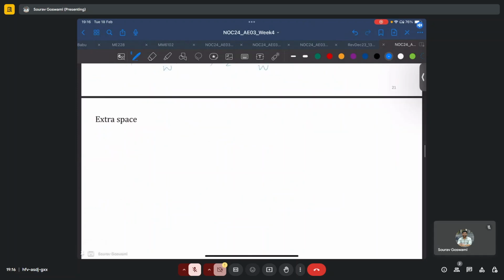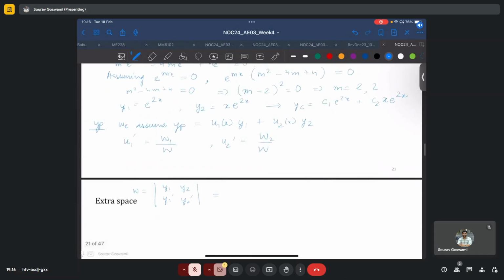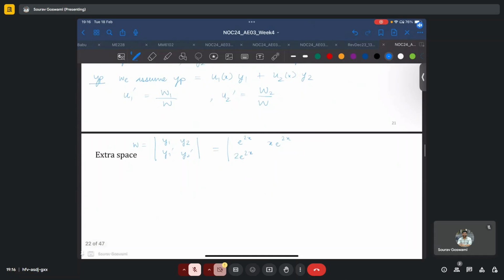Also, from the given formula, you can find what individually each of these Wronskians are. So w was the determinant of y1, y1 prime, y2, y2 prime. In this case, y1 is e power 2x, y2 is x e power 2x, y1 prime is simply 2 e power 2x, y2 prime is e power 2x plus 2x e power 2x.